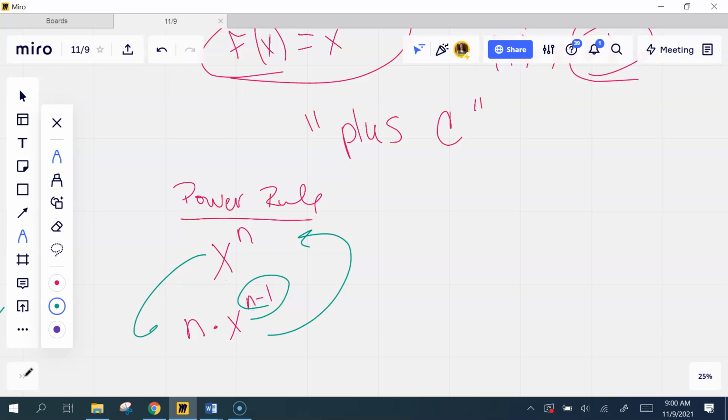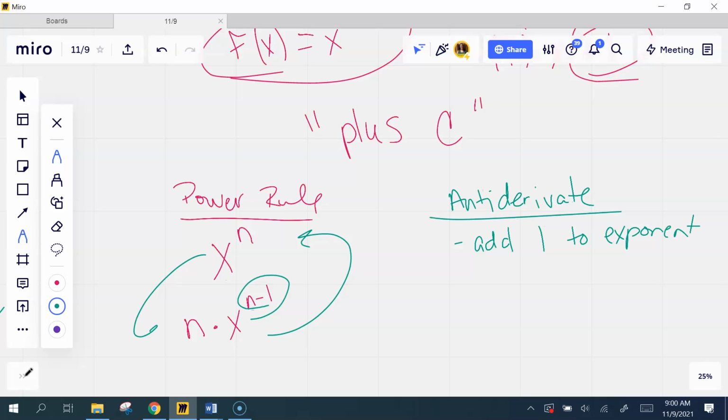All right, so let's see, antiderivative. I'm going to add 1 to the exponent, because when I take the derivative, I subtract 1, right? I multiplied around front, so to undo that, I divide. Do I divide by the new exponent or the old exponent?